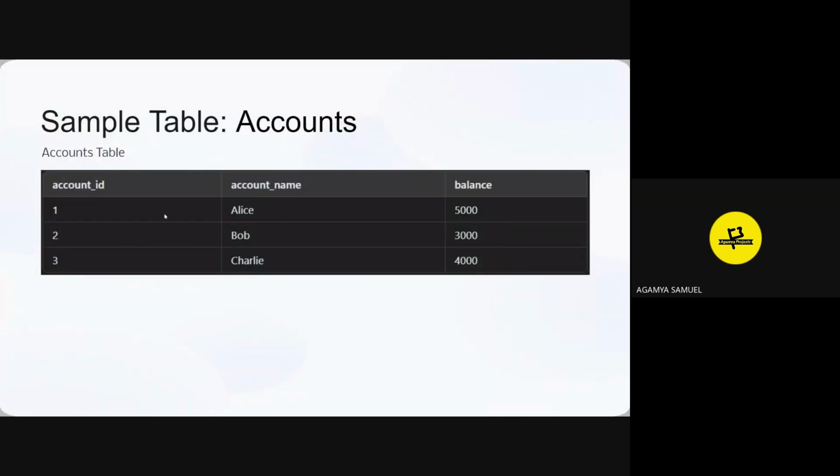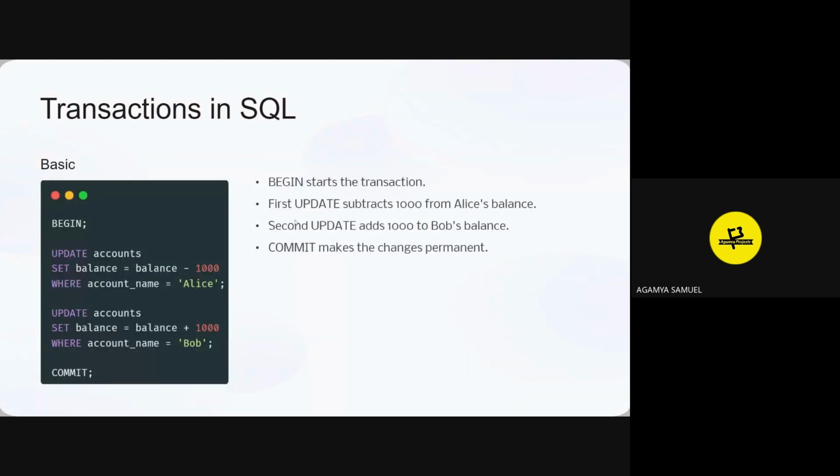So this is the sample table we should be using for the SQL queries. For writing a transaction, you can see a basic syntax. A transaction in SQL starts with a begin statement, which denotes the start of a transaction.